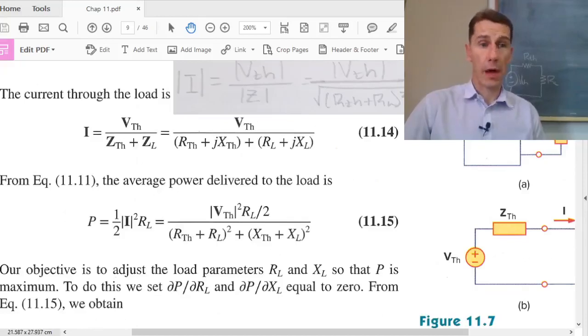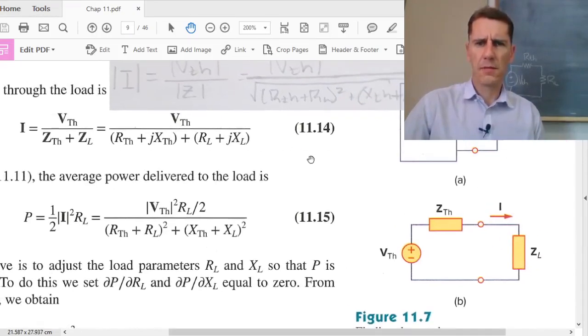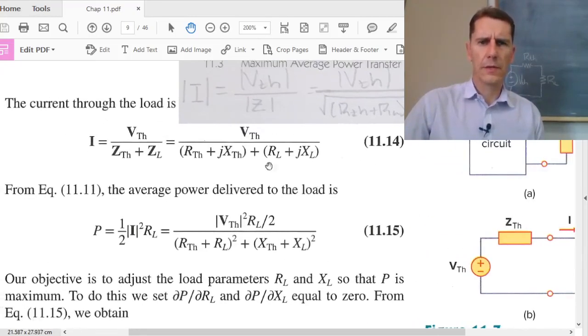So to calculate the power that is consumed in the load, you need to calculate the current that's flowing through the load. So it's V Thevenin over Z Thevenin plus ZL. So we take the Thevenin impedance, and we add the load impedance.